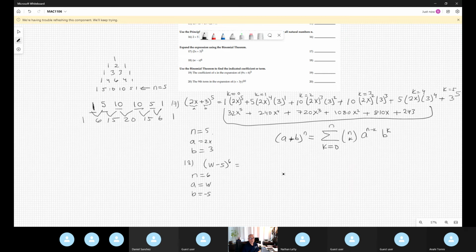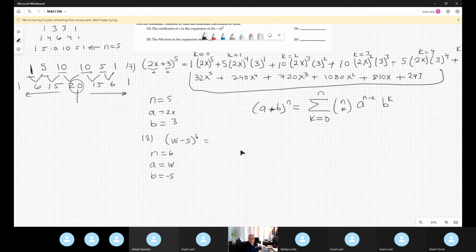So 1 plus 5 is 6, 5 plus 10 is 15, 10 plus 10 is 20, 10 plus 5, and this is symmetric. We have the big number in the middle, and this coefficient is the same.